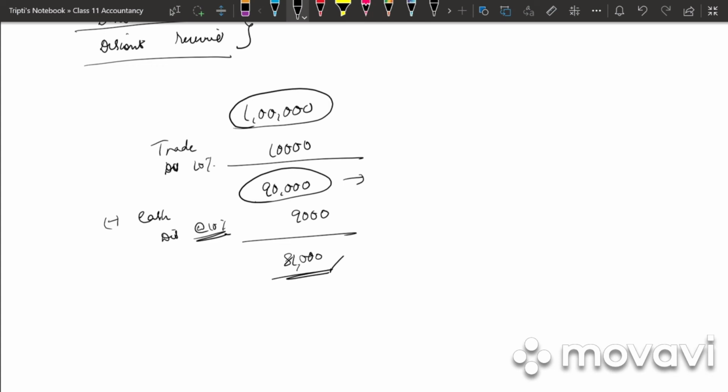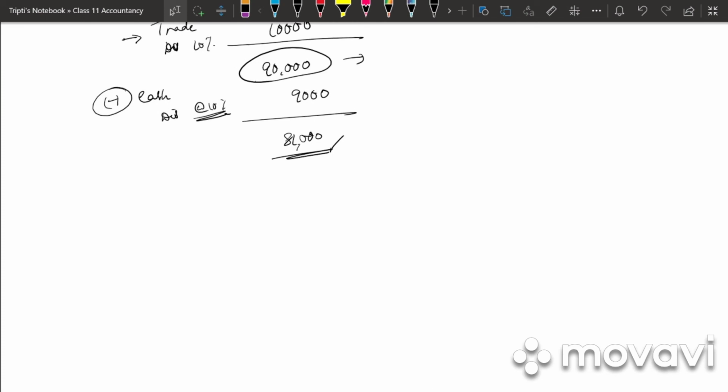So whenever both the trade and the cash discount is given in the problem, first we deduct the trade discount and then we deduct the cash discount. So write down the note. Sometimes a customer is allowed both the discounts, that is trade discount as well as cash discount.